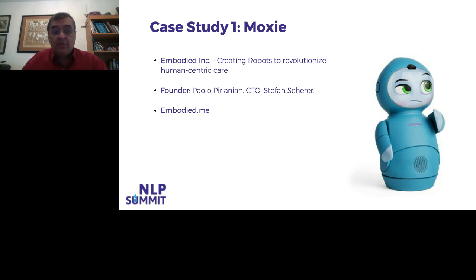So I actually do consulting for Fuse Machines. Fuse Machines is a consulting company out of New York, formed by Samir Maski, who is a professor at Columbia. And Fuse Machines, in turn, consults to Embodied.